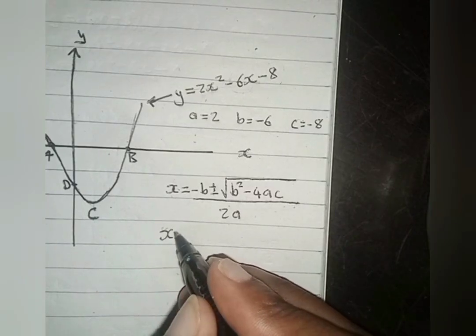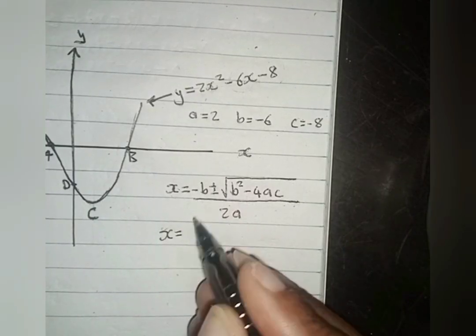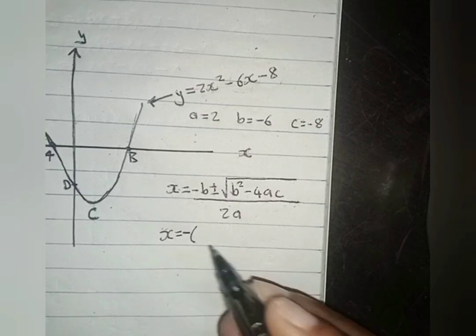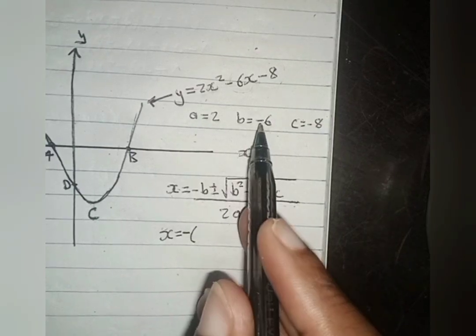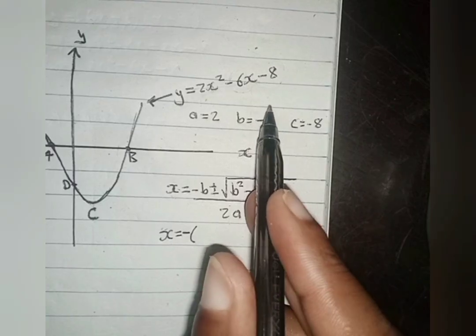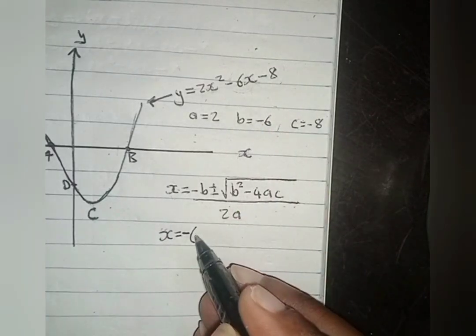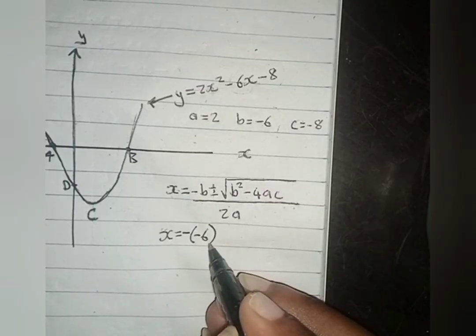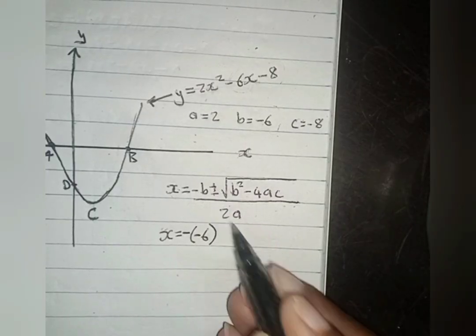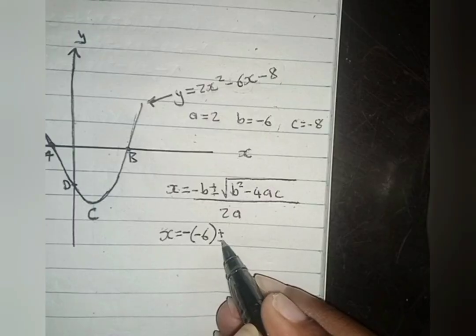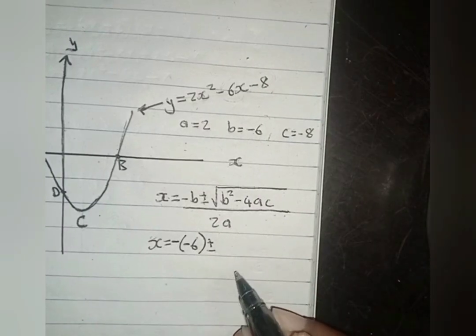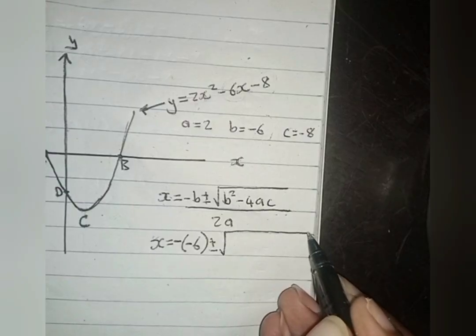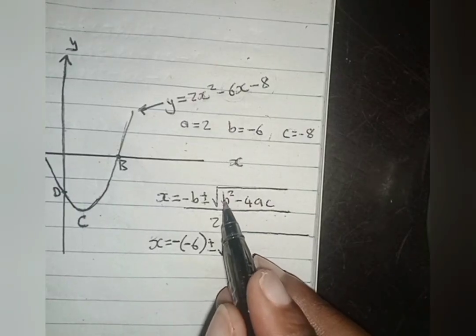So we have x is equal to, we have this negative, like that. Then we open parenthesis, b. So our b is negative 6. So this b has a negative, we take it together with a negative. So we do that substitution, followed by plus or minus. Then the square root, like that. Now we have this b squared.